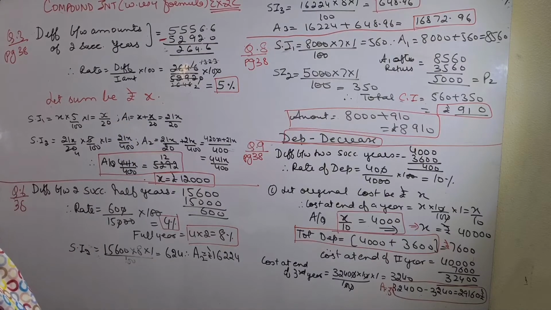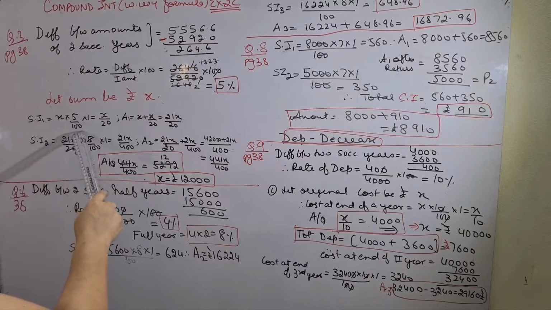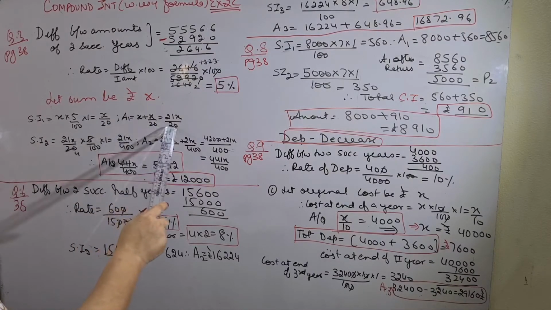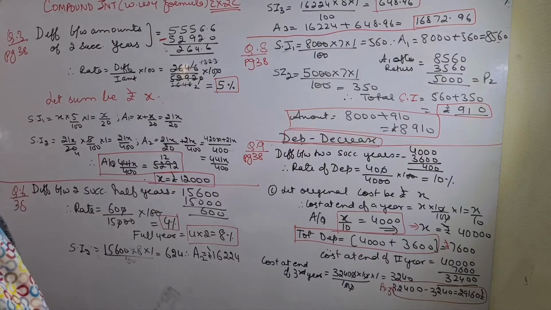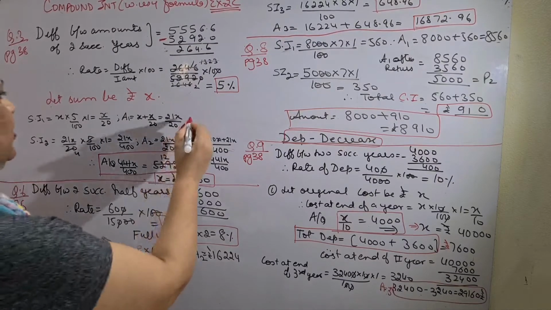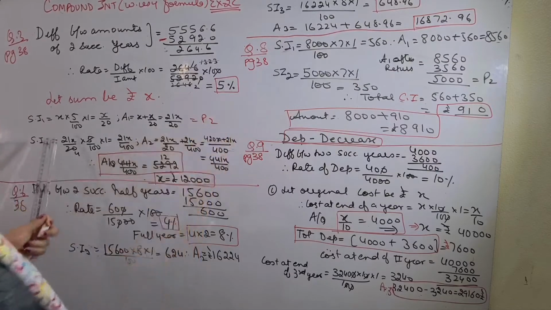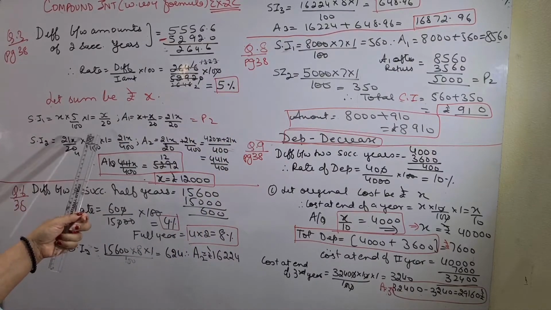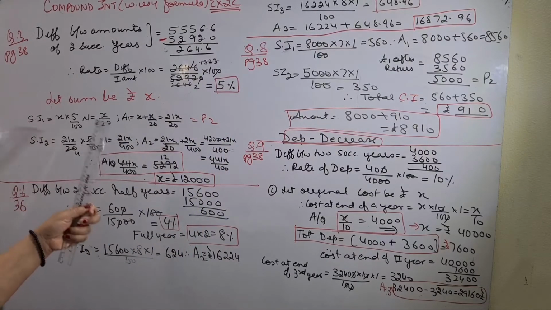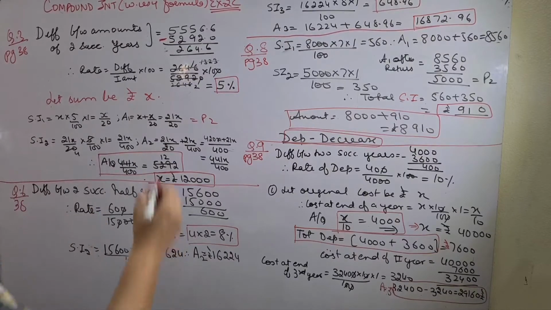So you will go for 2 years. SI1, then A1, you know how to do. Then whatever the amount for the first year will become the principal for the second year. You already know that. So this will be P2, and again P2 into R into T upon 100, with time 1. You will take time unit-wise, you know that.